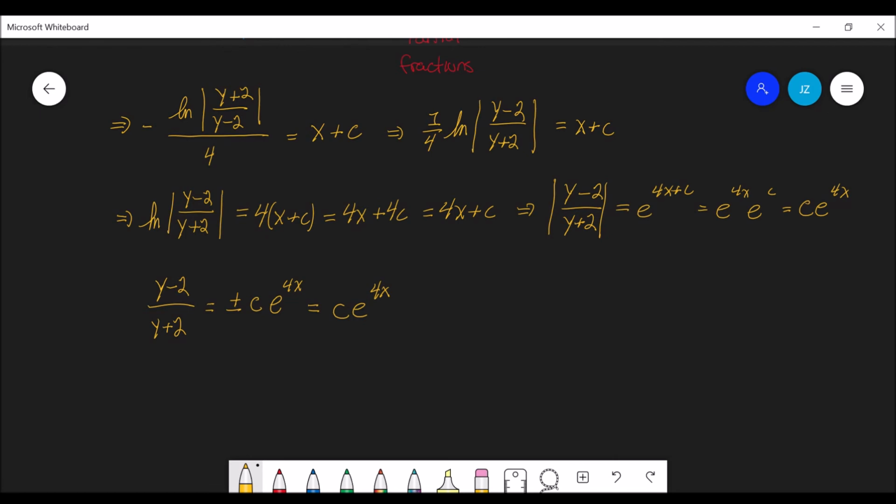What we have to do now is multiply both sides by y plus 2. So y minus 2 is equal to y plus 2 times the constant e to the 4x, which is, of course, c y e to the 4x plus 2c e to the 4x.